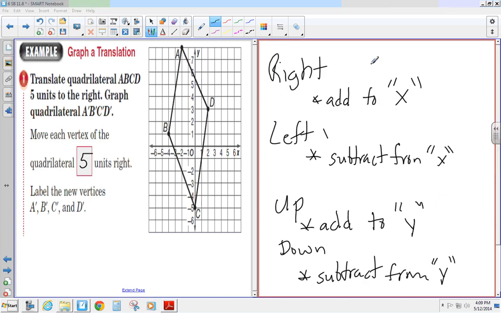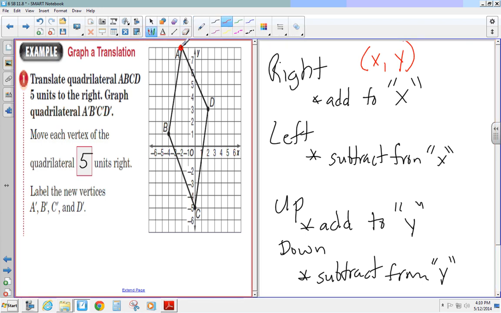Okay, so this is assuming that you're given a point, x and y. If I say right, you add to x. If I say left, you subtract from x. Up and down, that's to the y. So looking at this point right here, remember, start at the origin.